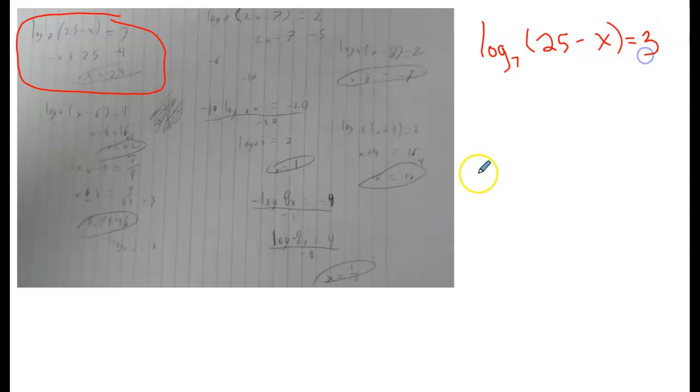Okay, we're going to start by looking at this first problem here in the corner, which asks us to find the log base 7 of the quantity 25 minus x equal to 3. So the first thing we're going to do is exponentiate both sides using the base of the log, which is a base of 7.